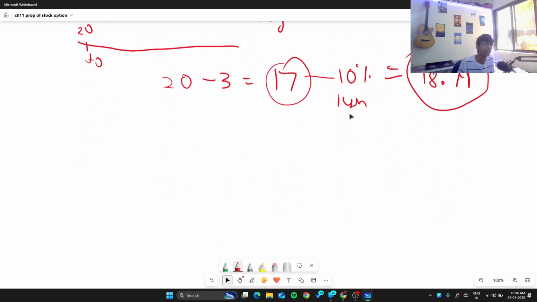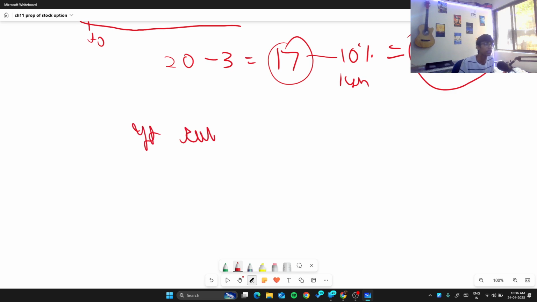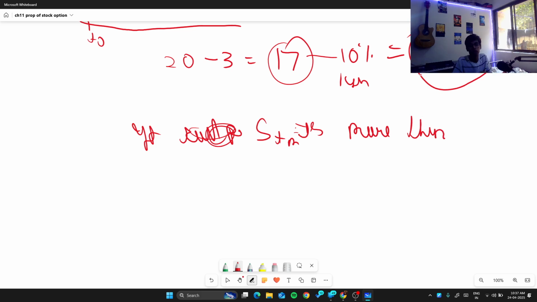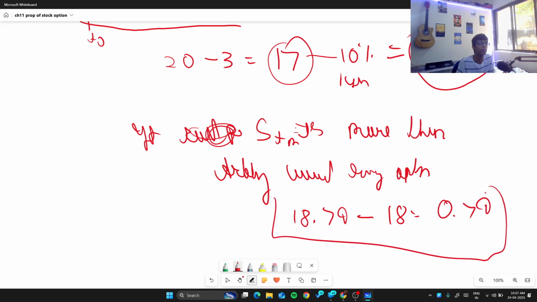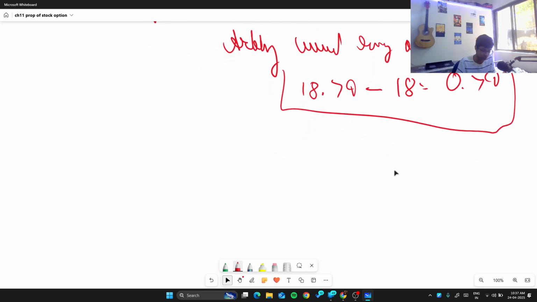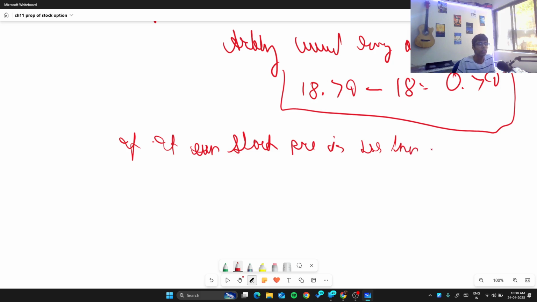If the stock price at maturity is more than 18, the arbitrageur would exercise the option and pay 18 from the 18.79, and he would earn 0.79 of free money, which is not viable for the writer or maker of the option. And if the stock price is less than 18, he will earn even more profit.